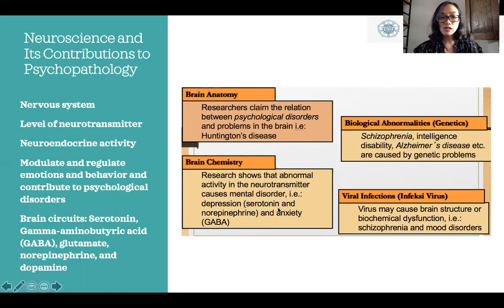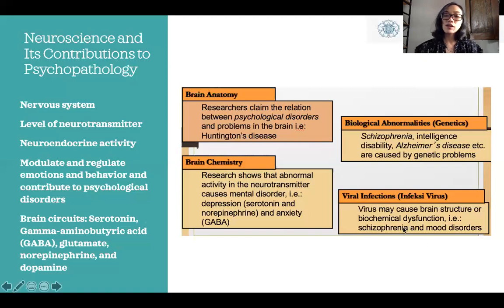Also, brain chemistry research showed that abnormal activity in neurotransmitters is related to mental disorders. It's not causing, but contributing or associated. And also genetic abnormalities may relate to disorders like schizophrenia, intellectual disorders, and Alzheimer's disease, for example.